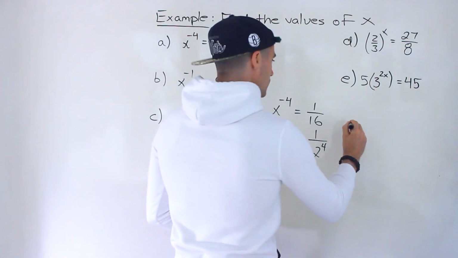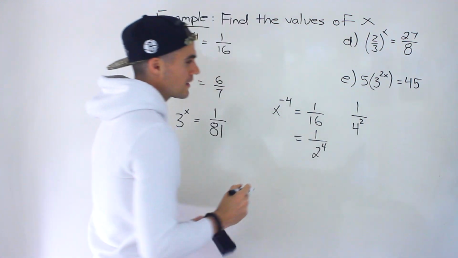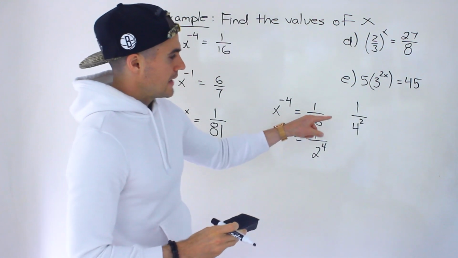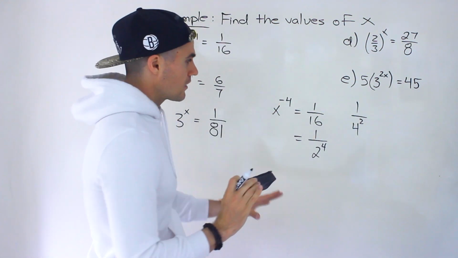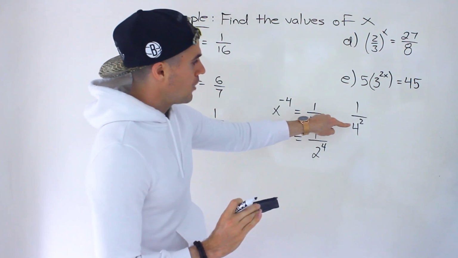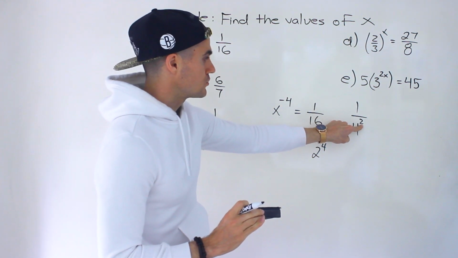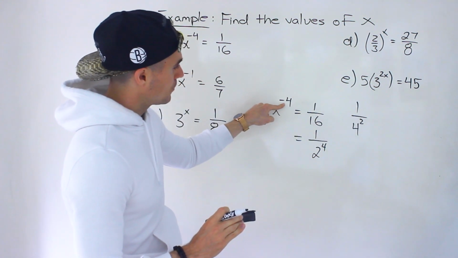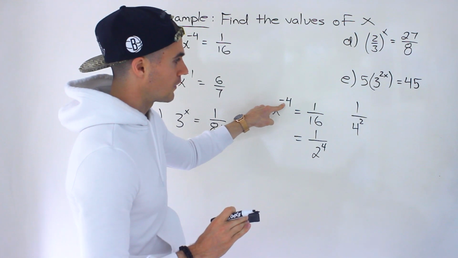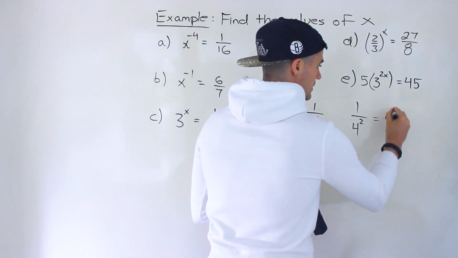We can also rewrite it as 4 to the power of 2, so we could rewrite it as 1 over 4 to the power of 2. And sometimes this takes a little bit of trial and error. Sometimes you got to sort of work through these problems, but the problem here is that the exponent is a 2, and over here we have an exponent of negative 4. So even if we bring this up, it would be 4 to the negative 2.